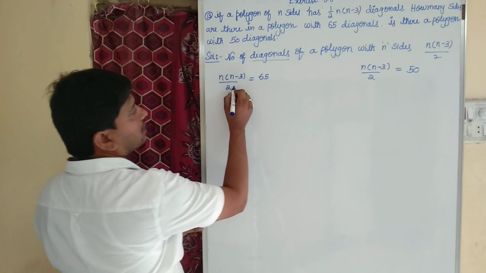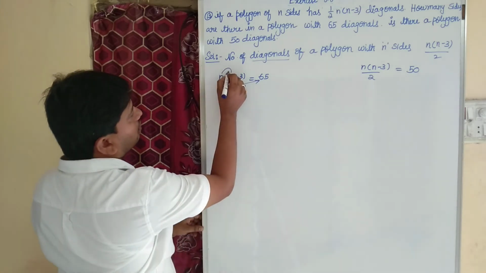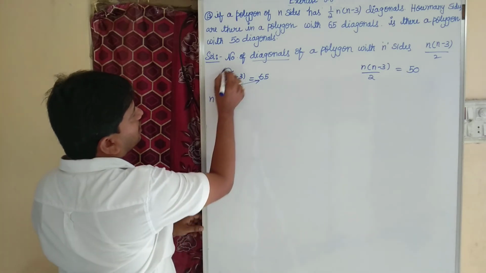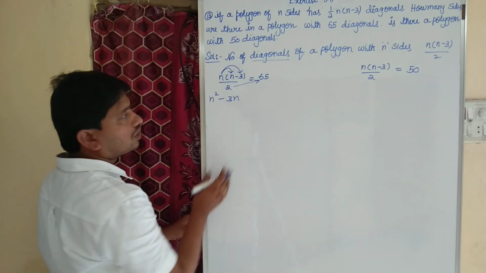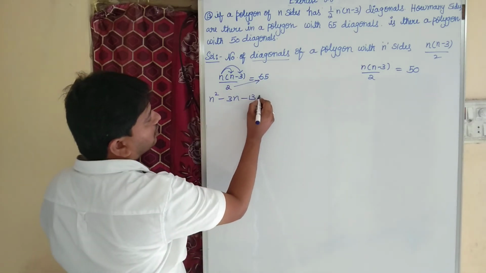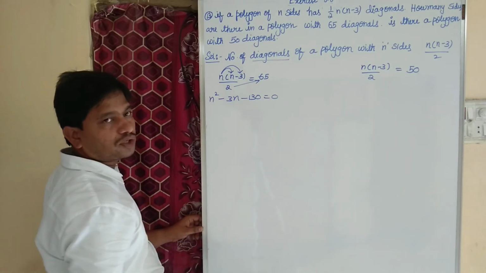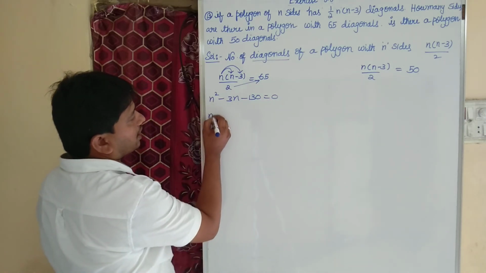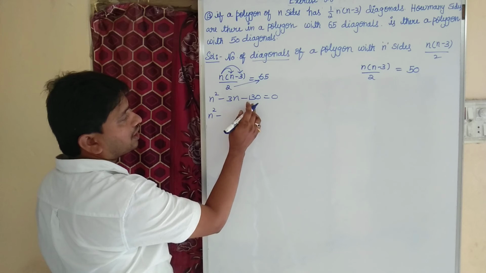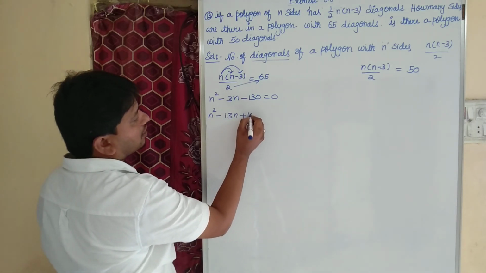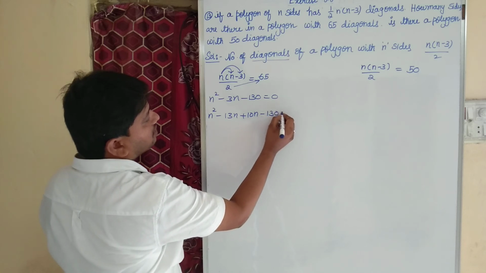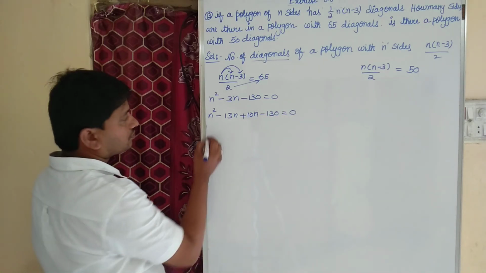Okay. So cross multiplication. n into n, n square, minus n into 3, 3n, equals 65 into 2, that is 130. Transpose, it will become minus 130 equal to 0. 13 into 10 is 130. The factors are minus 13n plus 10n minus 130 equal to 0.